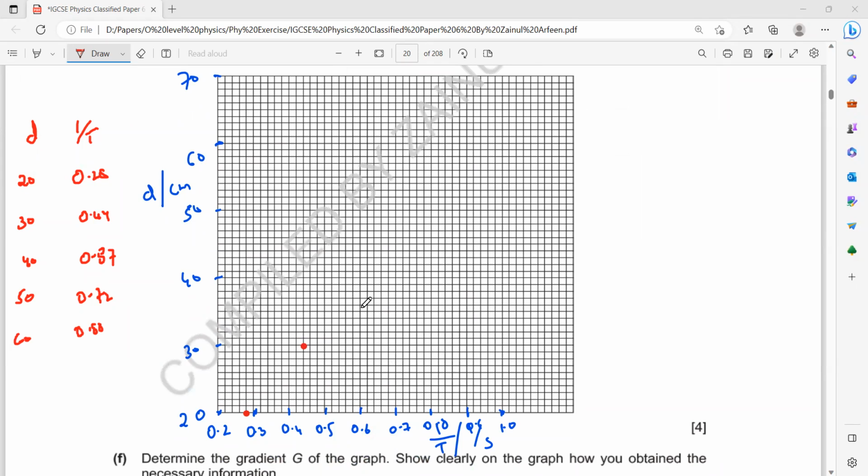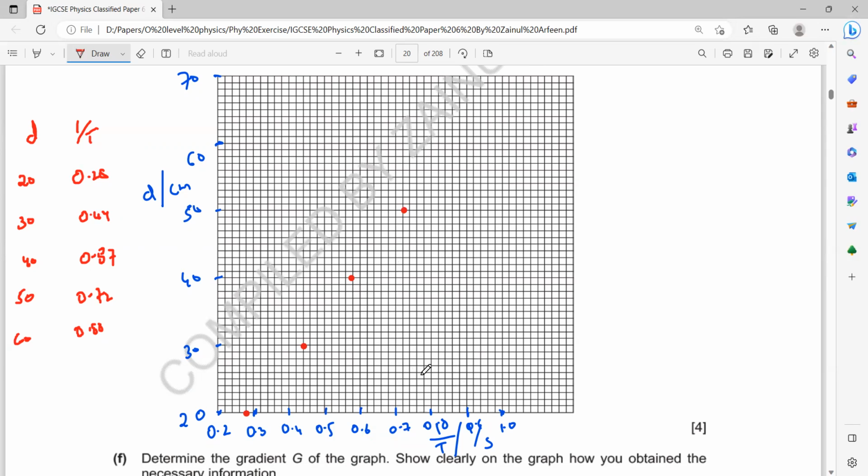So this is 0.6, for 40 and 0.57, this is 0.58. So 0.57. Then 50 and 0.72. This is 0.7, so this will be 0.72.